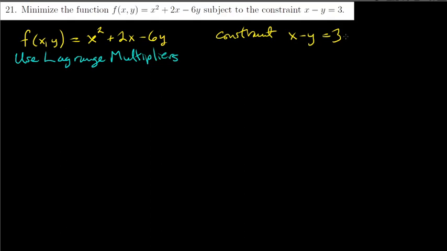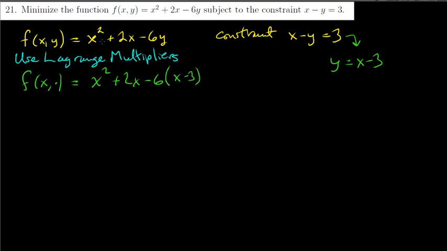The easy way is just to say, well, look, y is going to be x minus 3. So if I plug that into the equation here, I get a function of x squared plus 2x minus 6 times x minus 3. So you just get a quadratic function.